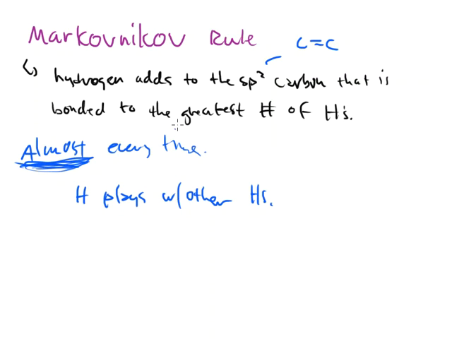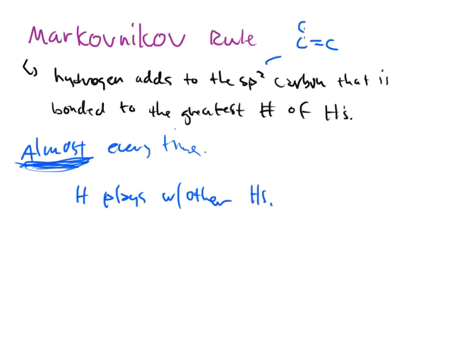And if it does, hydrogens will come into the picture. A general rule that we want to follow is that the hydrogen will look at the molecule and go to the carbon in the double bond that has the most hydrogens.